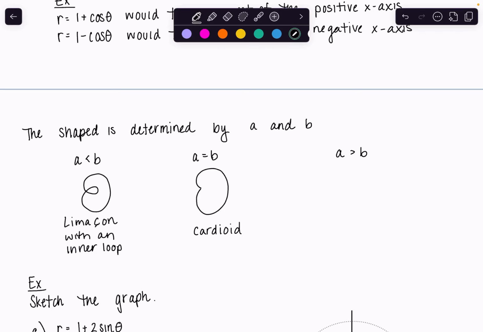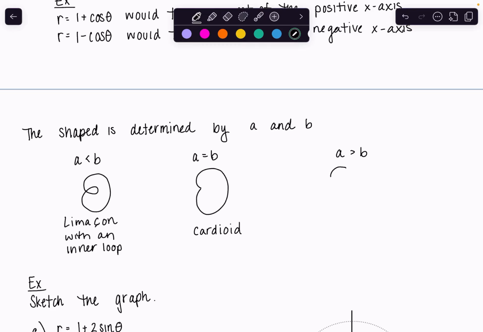And then if the number in front is bigger, this is going to result from having a negative radius. So it's the only one where you'll see a negative value. And that's because if you have 1 minus 2 cosine theta, that results in negative. But if the number in front is smaller, there's no way you're going to have a negative radius. So you're going to have 1 or 2 shapes here. They do look very similar.